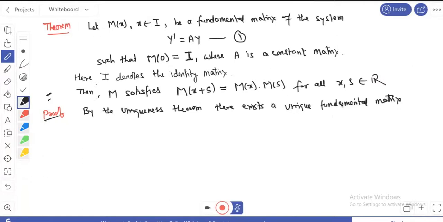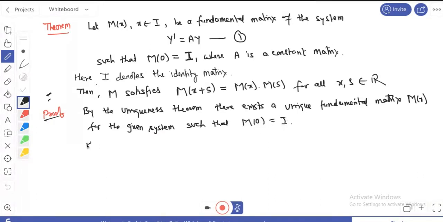Because the solution is unique, you get a unique matrix, that is M(x), for the given system, such that this condition holds: M0 is the identity matrix.